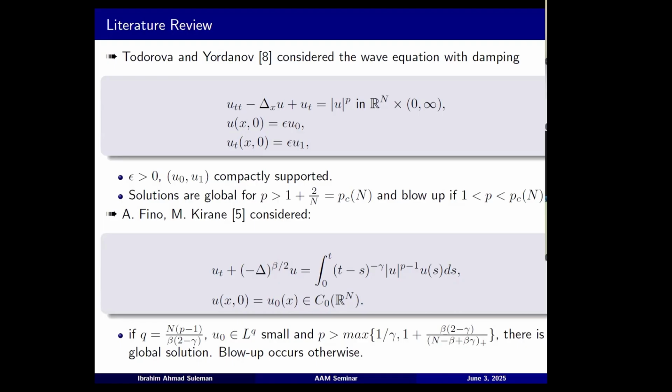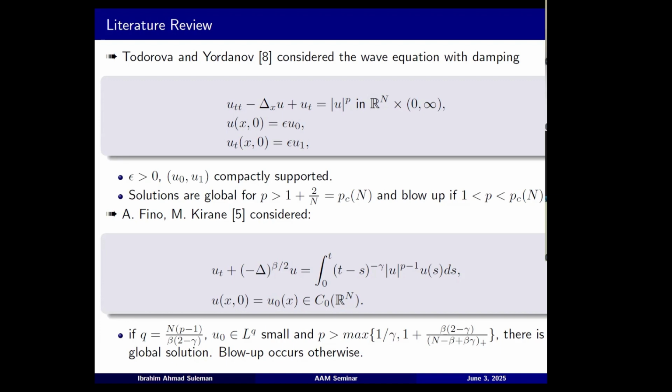The initial data here, you see an epsilon attached to u0 and u1. In this case, the idea of Todorova and Yordanov is to use this epsilon as a smallness parameter because that's what we usually do. We need some smallness of the initial data for the global existence. And he picked this initial data to be compactly supported.